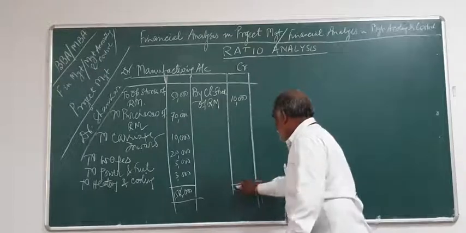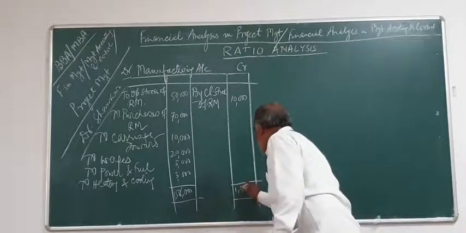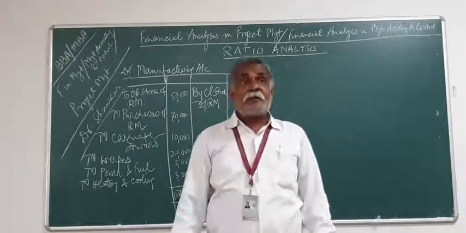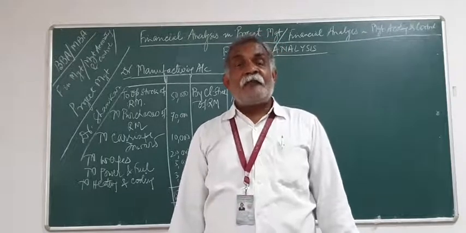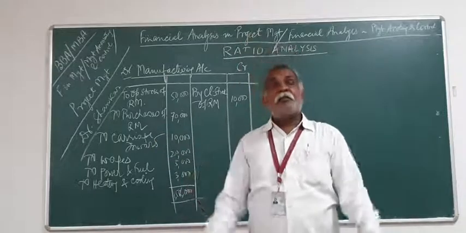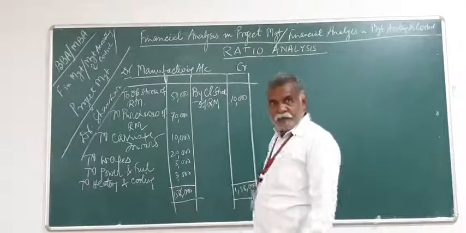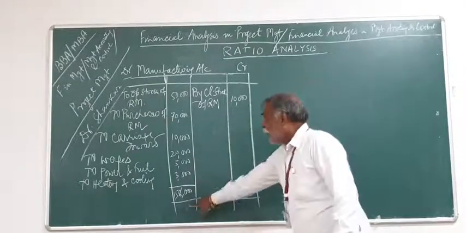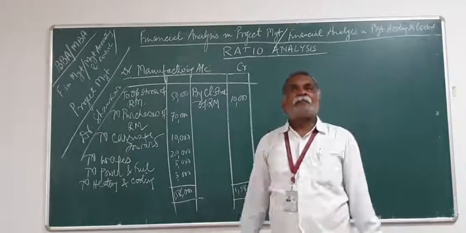Now debit and credit must be equal. If you are a foreign student, you say 158,000, either in dollars or in real or in whatever currency. So out of 158,000, 10,000 of the raw materials remains at your disposal.